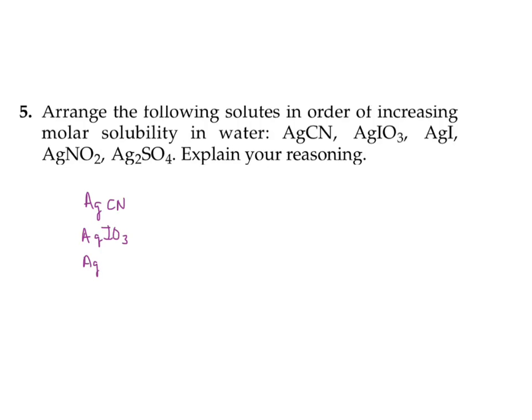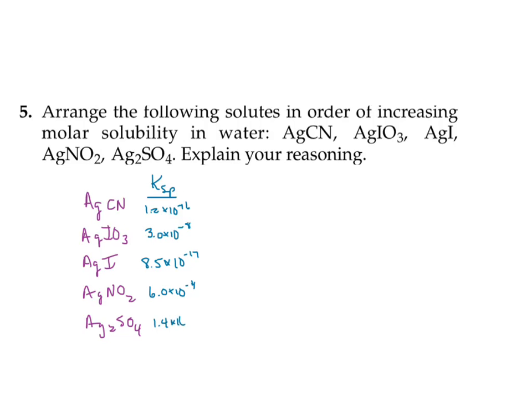Now this one, I went ahead and gave you quite a few details because I looked back at my notes to remember how I did this. Basically, given the KSP values, which you can look up anywhere but I'm going to give them to you, for these 5 salts, you're supposed to arrange them in increasing molar solubility.